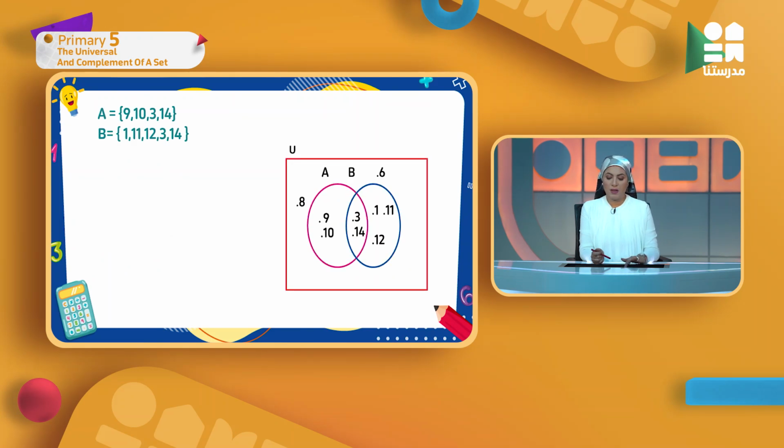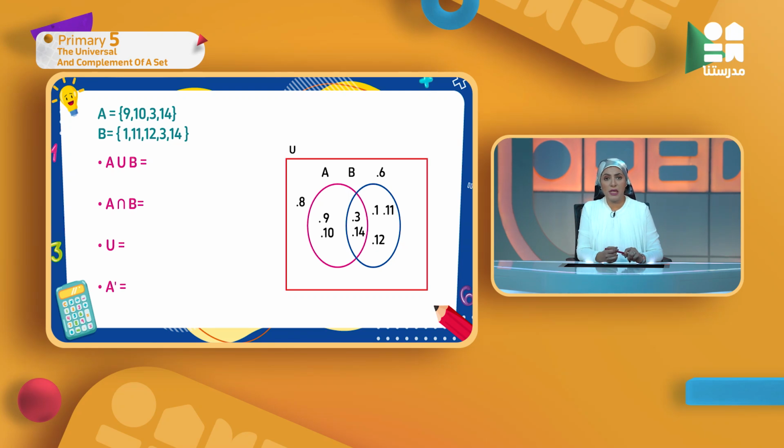Okay. A new example. Here in the diagram that you see in front of you, I have the mother set, frame أحمر بتاعها, the universal set, and inside the universal sets I have the two sets A and B. The set A is the set of elements 9, 10, 3 and 14.